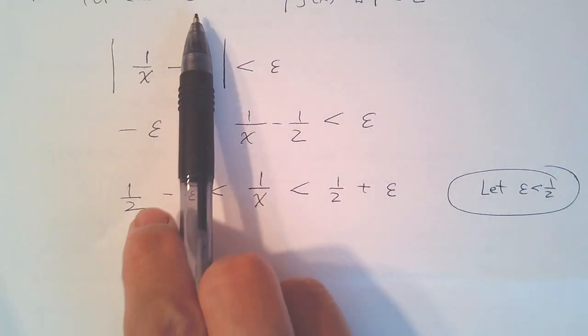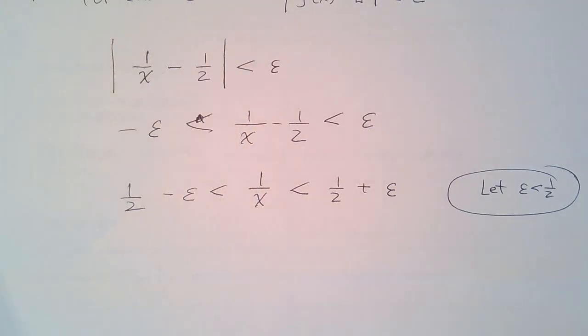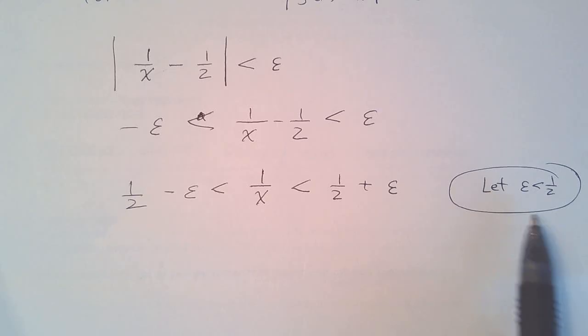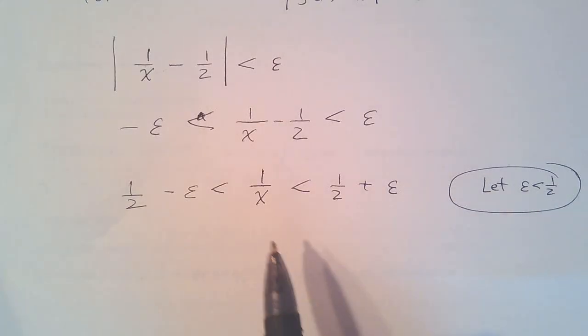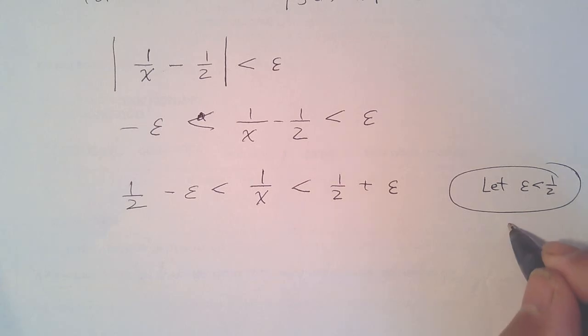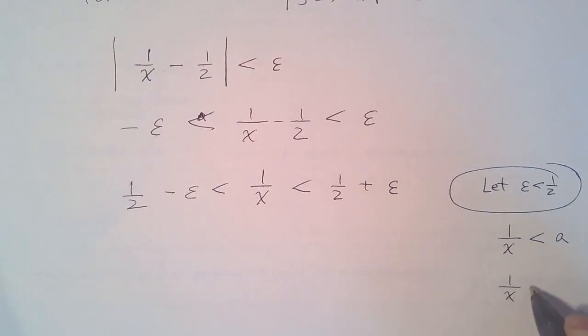Again, for each given epsilon, usually the epsilon is fairly small, so it doesn't hurt if we let epsilon be less than 1/2. Then we just flip it. So if you have this less than a, do you get x greater than 1 over a, if a is positive? Would you agree?